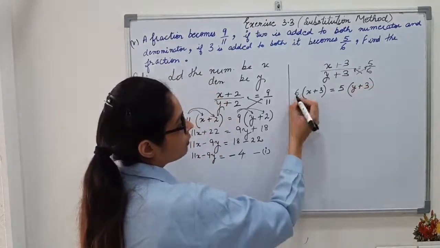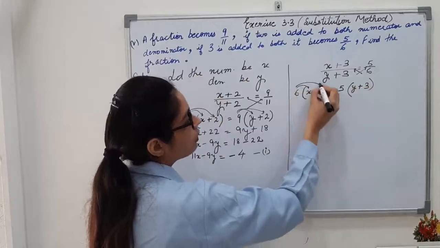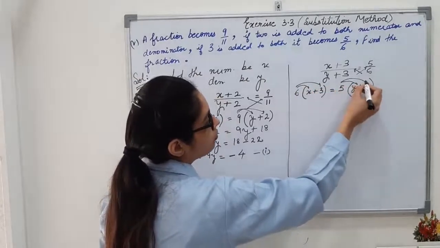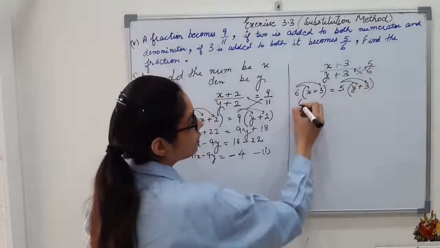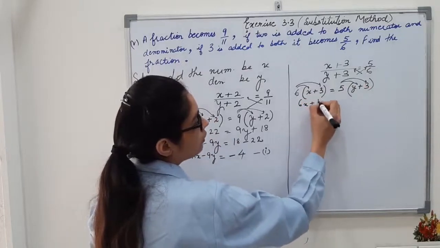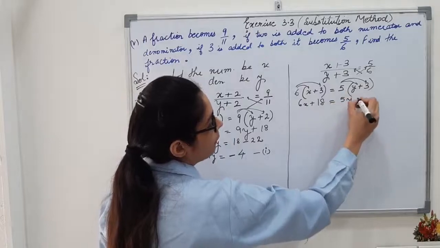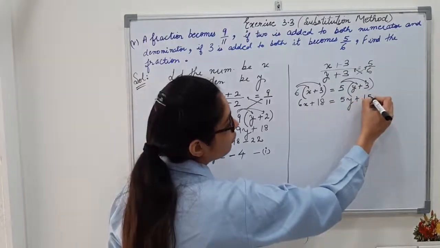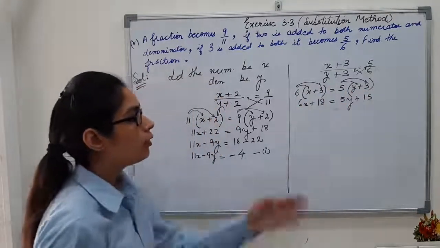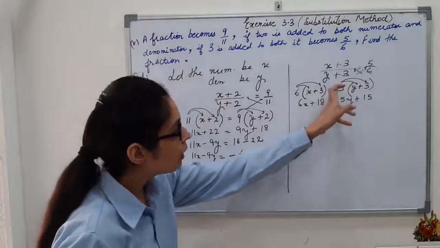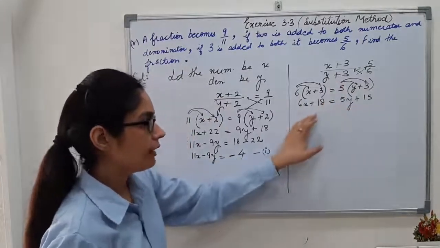So this 6 will get multiplied to both, and 5 will get multiplied to both. 6x plus 6 into 3 is 18 equals 5y plus 5 into 3 is 15. Only plus sign is there, no opposite sign outside, so the signs will remain the same.